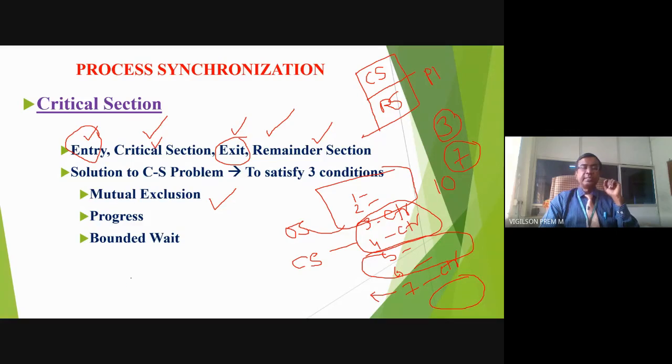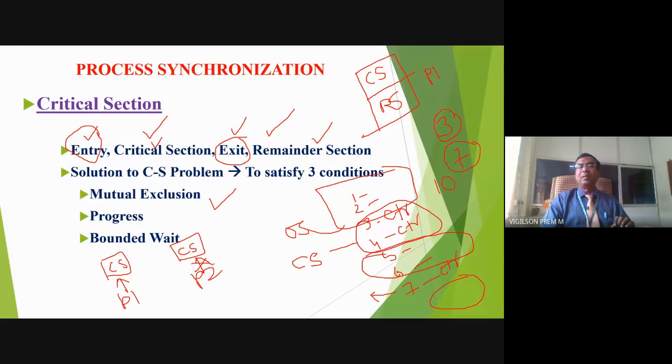When one process is executing in its critical section, process P2 is not allowed to enter into its critical section. That is mutual exclusion. That means either P1 or P2 only can use the critical section. Both P1 and P2 cannot access the critical section in parallel.